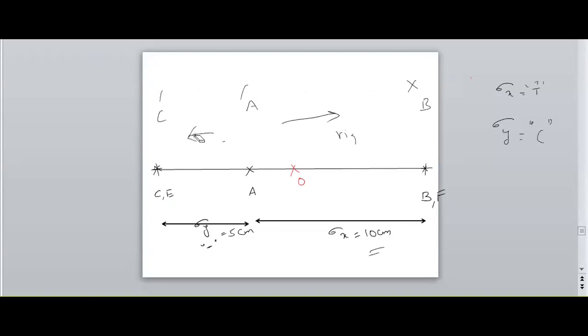Therefore, after making C and B, what is the next step? I need to make points E and F. I need to draw a perpendicular CE of height tau xy.